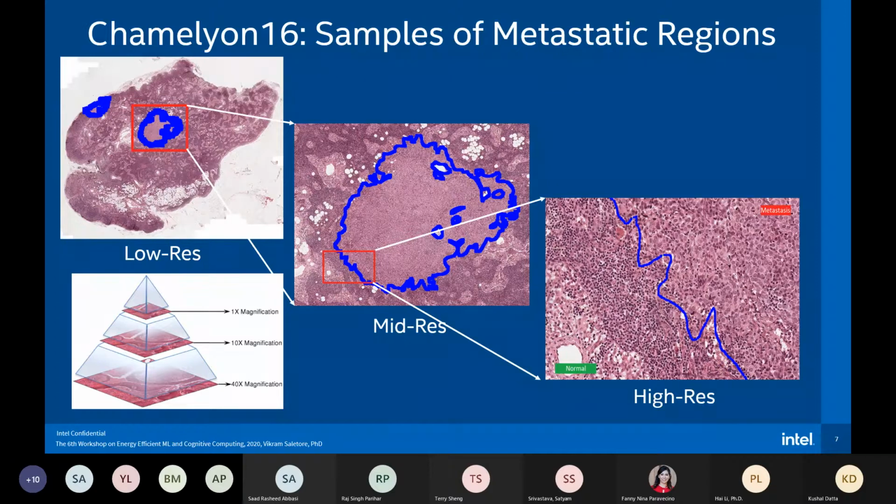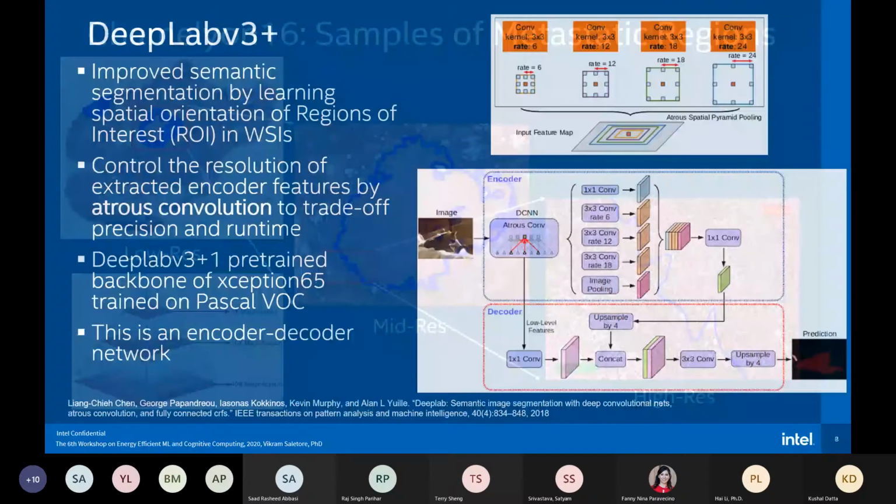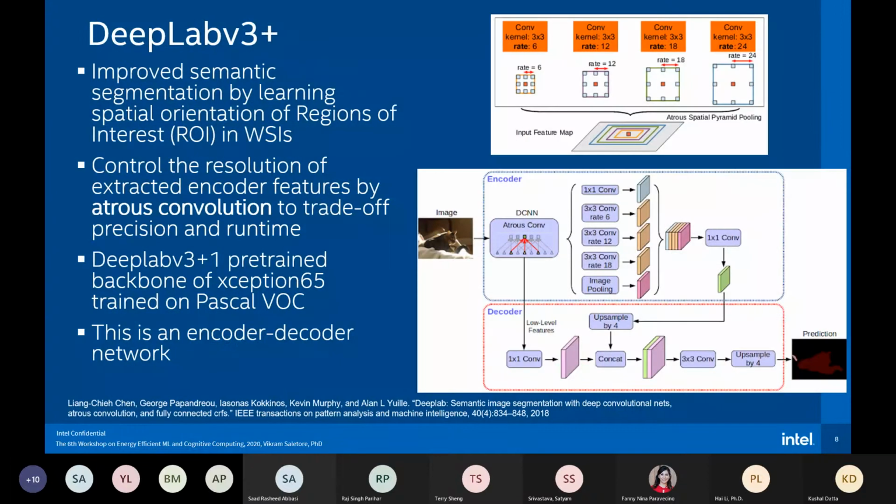What we have used is DeepLab V3 from Google's Brain team, which improves semantic segmentation by learning orientation or regions of interest. It uses atrous convolution to trade off precision and runtime. Atrous convolution is nothing but dilated convolution, in this case with rates of 6 to 24.